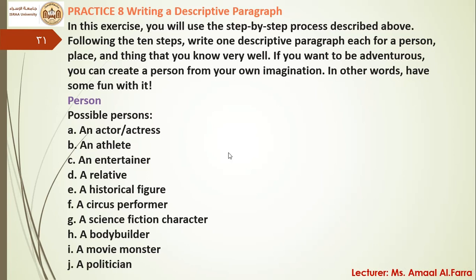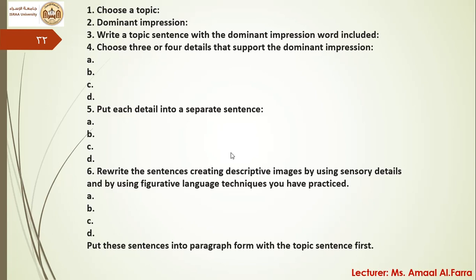I want you now to choose any person from these possible topics, any person you know: an actor, actress, athlete, entertainer, relative, historical figure, any person from these items, and apply the 10 steps of writing a descriptive paragraph. Let's see. First of all, you are going to choose the topic from the previous ones.